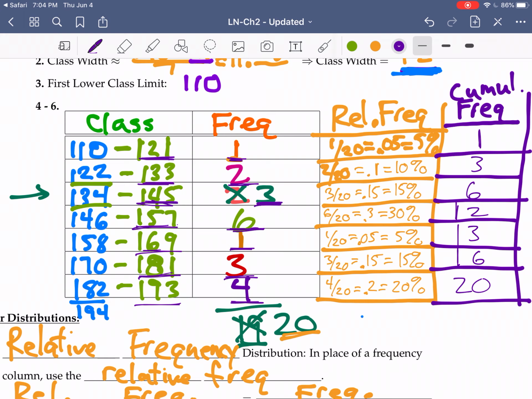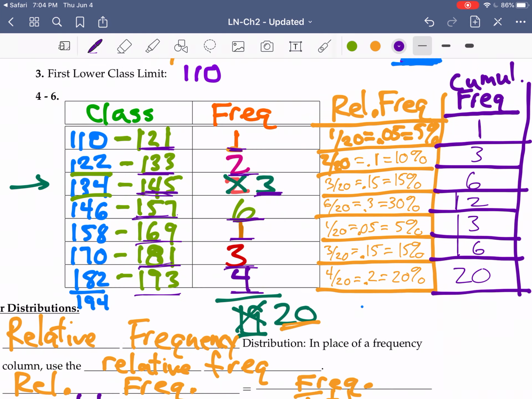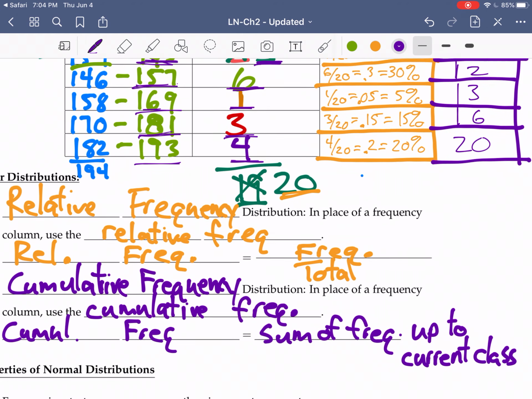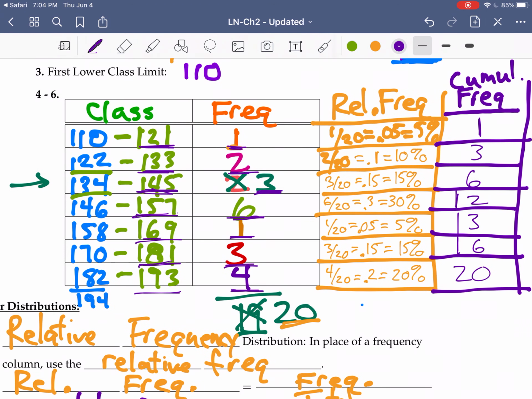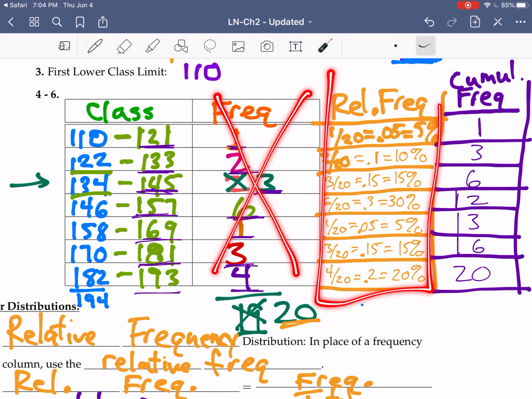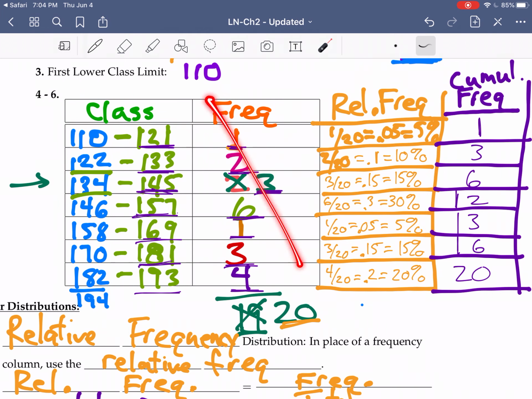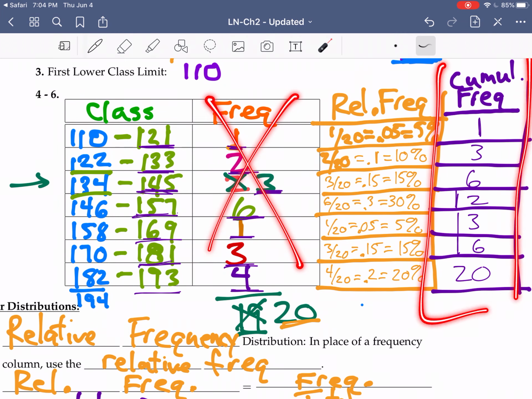So that very last class should have cumulatively found all of the values. Perfect. Those 2 extra columns that I added, we wouldn't typically put all together. We would usually replace the frequency column with the relative frequency column, or with this cumulative frequency column.